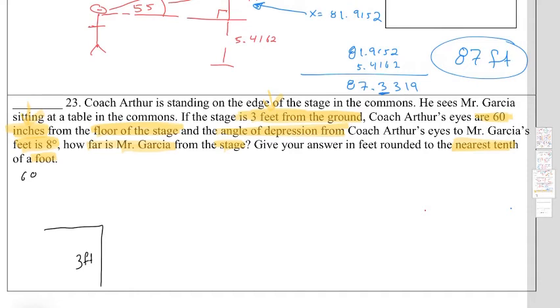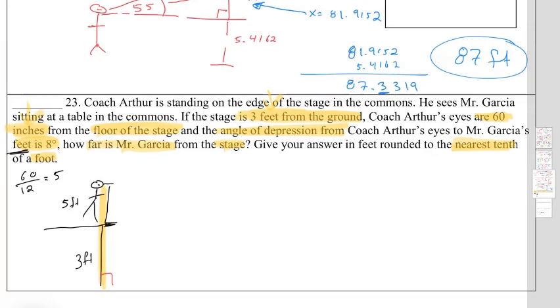And if we're trying to find how many feet that is, we know that there are 12 inches in 1 foot, and so that gives me 5 feet. So here's Coach Arthur, here's his line of sight. That right there is 5 feet.